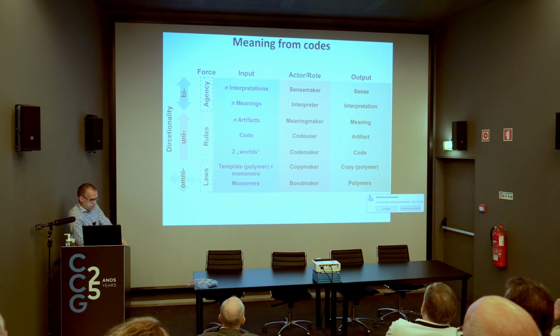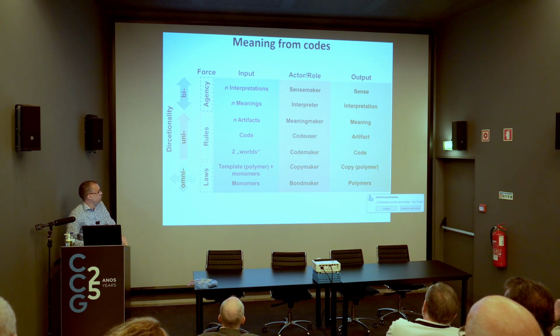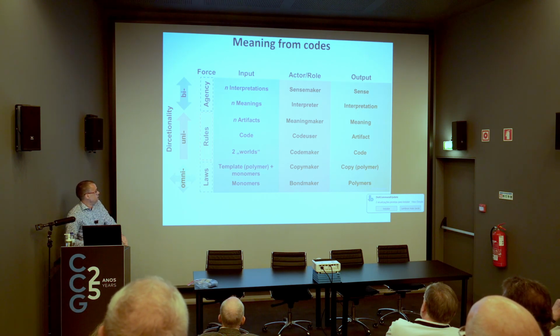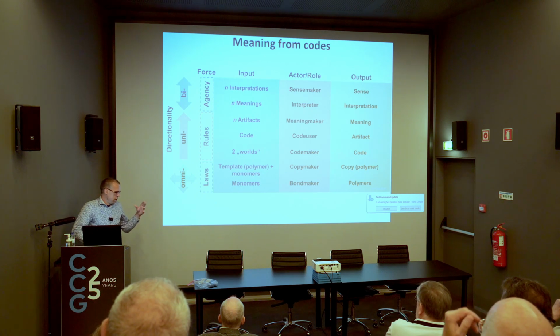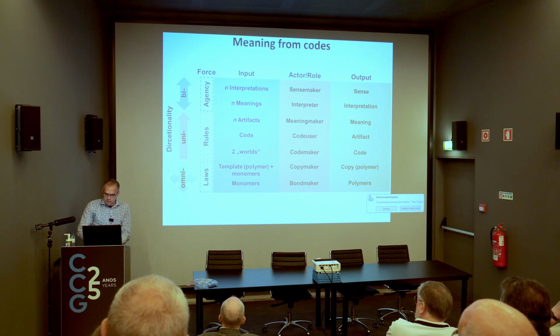An artifact is the first occurrence of a non-natural molecule. With this, we have the real novelty in the abiotic world and the transition to the biotic world with the artifact.